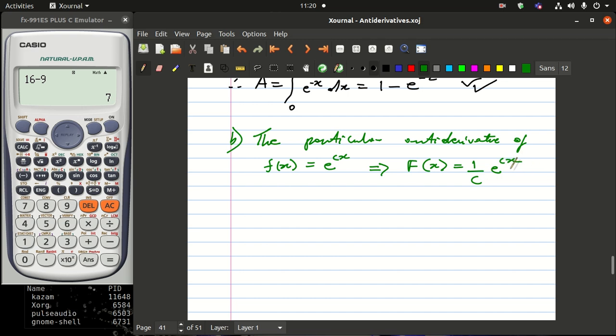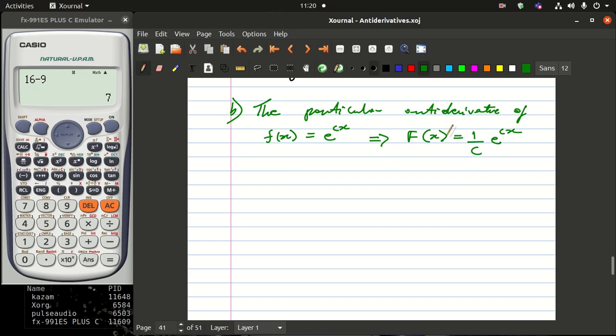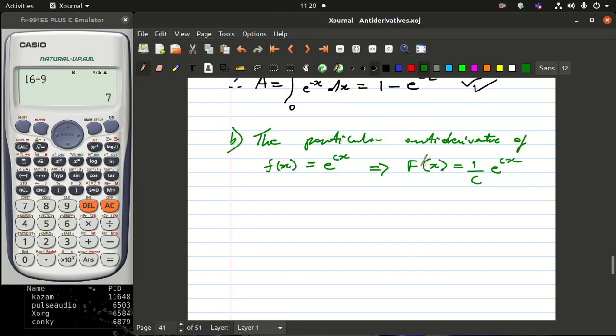So that was the antiderivative when we're doing the particular antiderivative of that. But in this case, we are having our y is equal to e raised to minus an x. So when you are having that, the particular antiderivative of this now is going to be the same as in this format. But now you can see that here the constant is actually a negative 1.